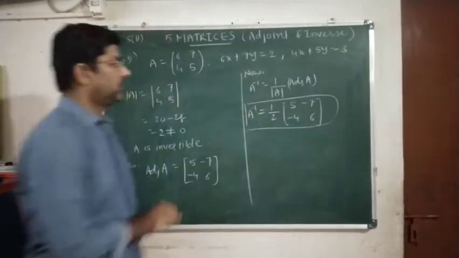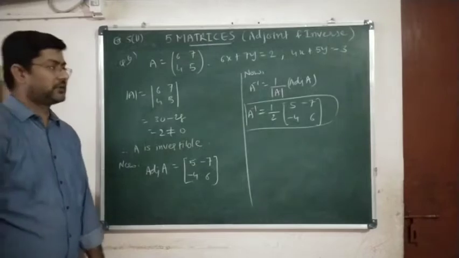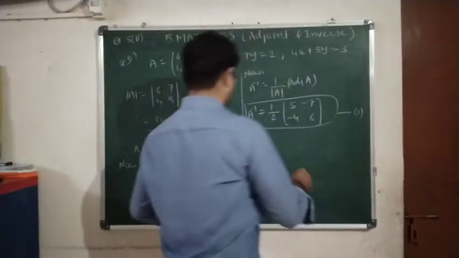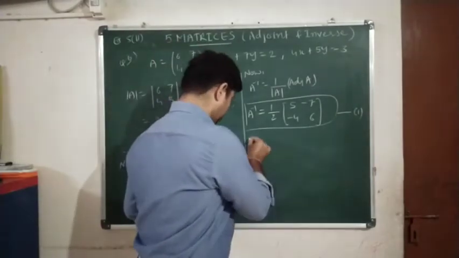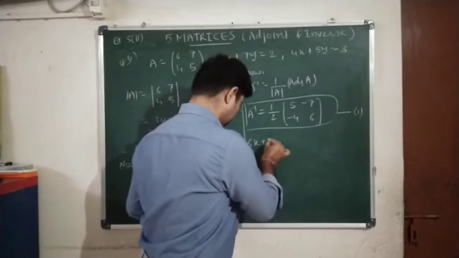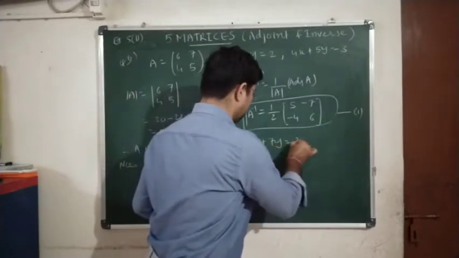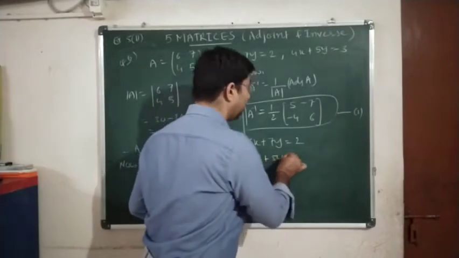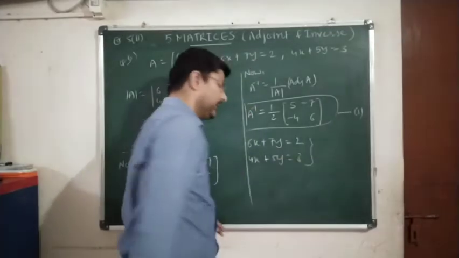Now we are given a system of equations. Let us number this as result number 1. We are given a system of equations 6x plus 7y is equals to 2 and 4x plus 5y is equal to 3.